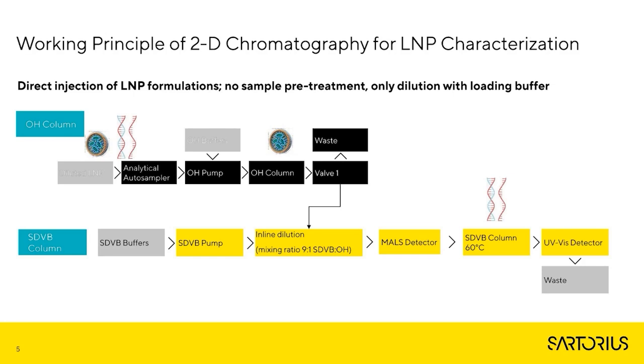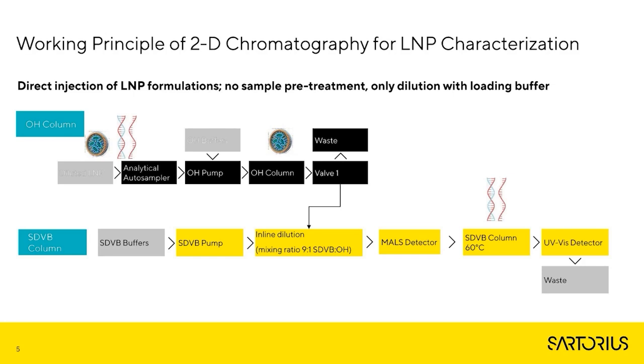When LNPs get eluted from the OH column, they bind to the SDVB column very strongly. We figured out that you cannot elute them as intact particles because the interactions are too strong. So with a high temperature of 60 degrees and an organic solvent, you basically dissolve the particles into their separate components.